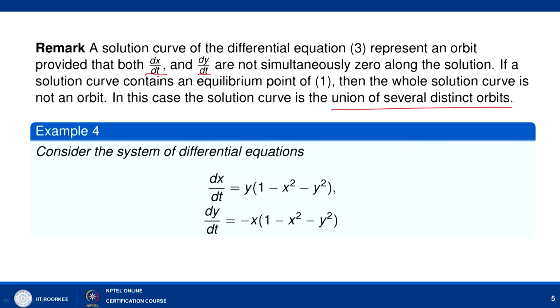So, let us look at this concept. Consider the system of differential equations dx/dt = y(1 - x² - y²), dy/dt = -x(1 - x² - y²), and let us find the orbit. We can simply say dy/dx = -x(1 - x² - y²) divided by y(1 - x² - y²).